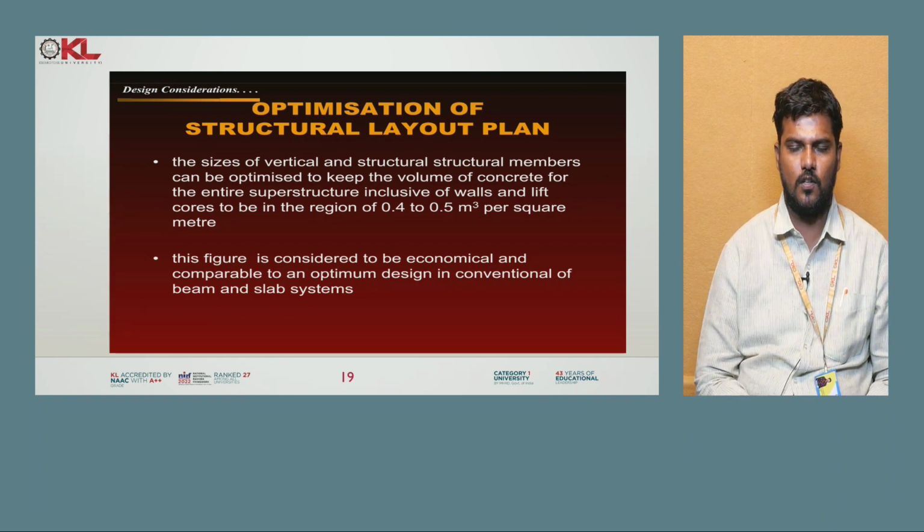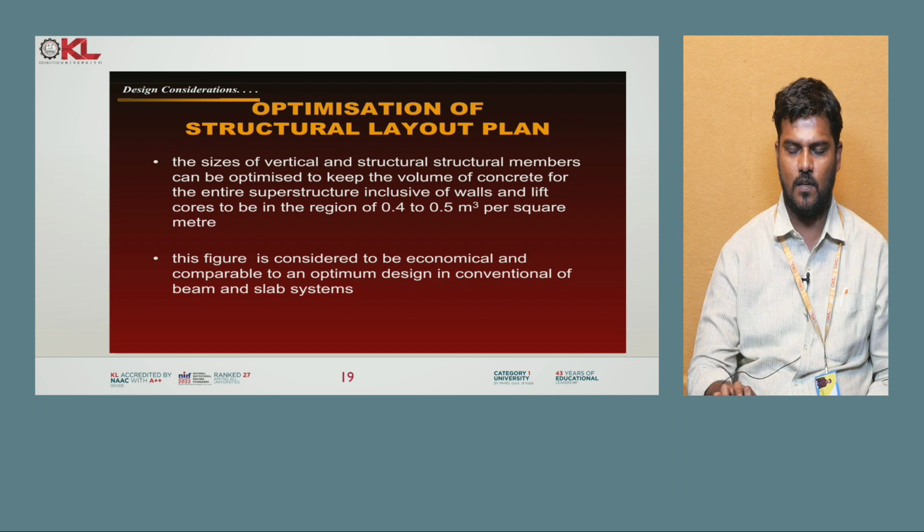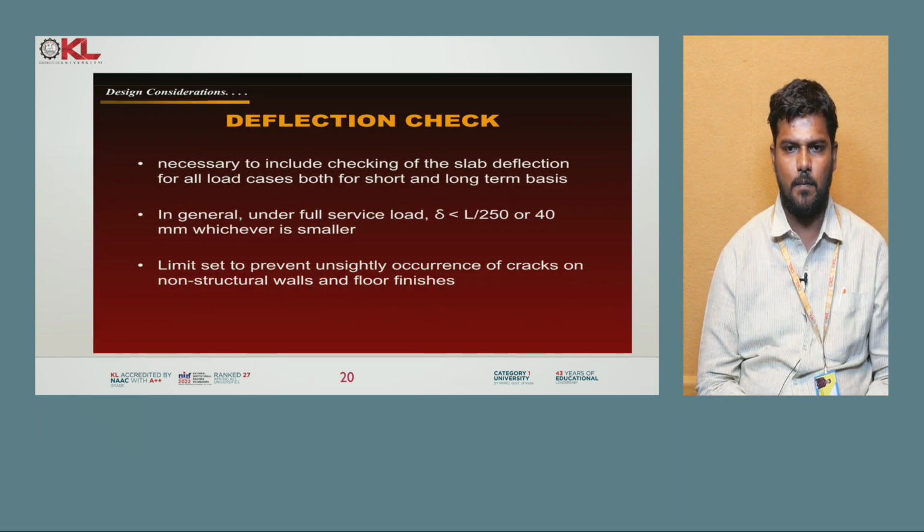This figure is considered economical and comparable to an optimum design in conventional beam and slab systems. It is necessary to check the slab deflection for all load cases on a short and long term basis. In general, under full service load, deflection should be less than L by 250 or 40 mm, whichever is smaller. This limit is set to prevent unsightly cracks on non-structural walls and floor finishes.